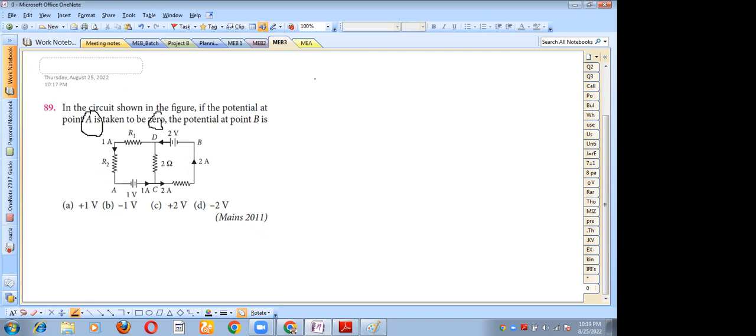So it says that take VA equal to 0, then we have to find the potential at B. So in the question it is given that if potential at A is 0, then what is the potential at point B? All right. So we have to find the potential at point B.